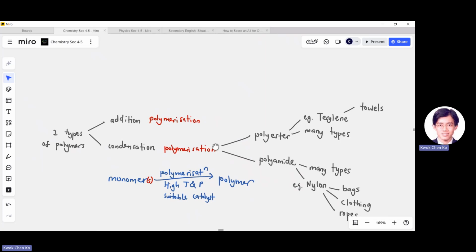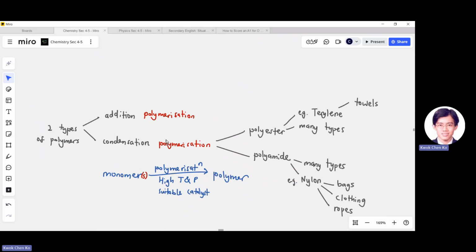Okay, let's go back to addition polymerization. There are a few popular examples that you need to know. The most popular one is, of course, polyethylene. I believe I mentioned this before, polypropylene.